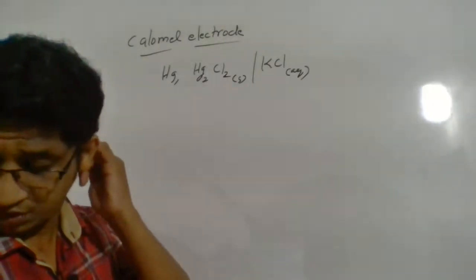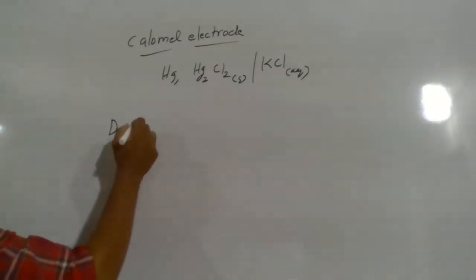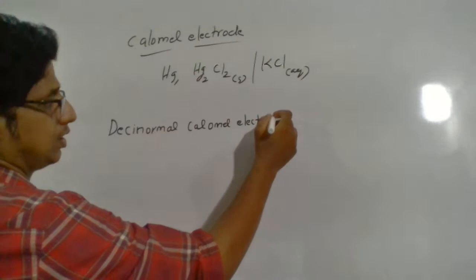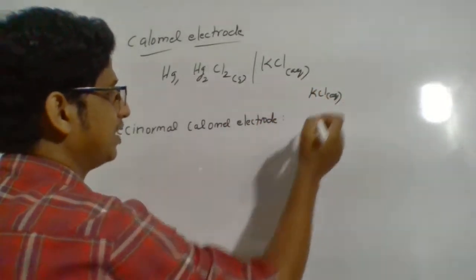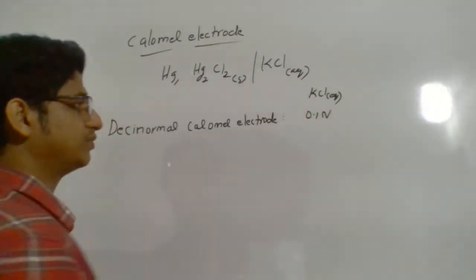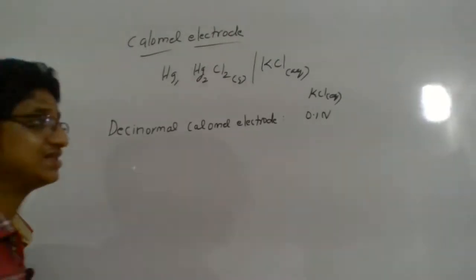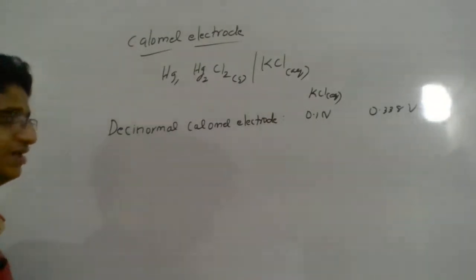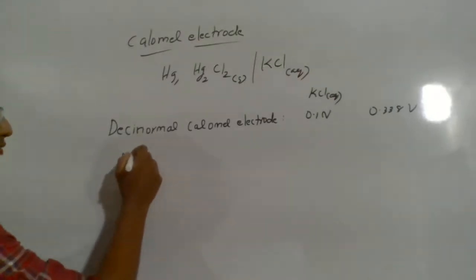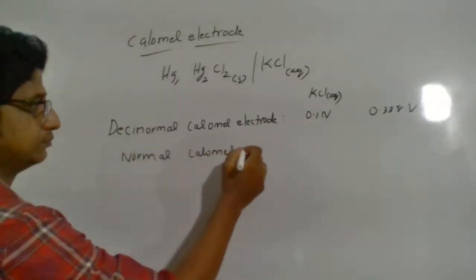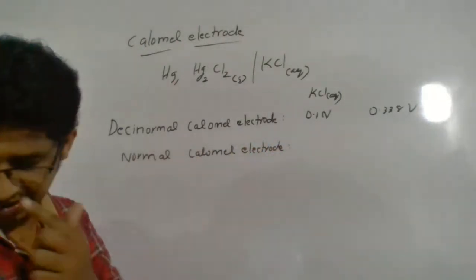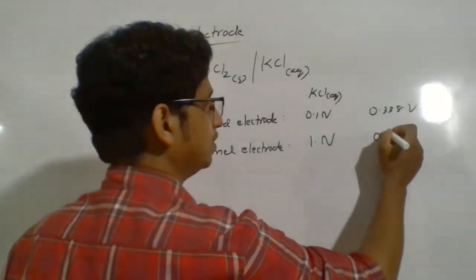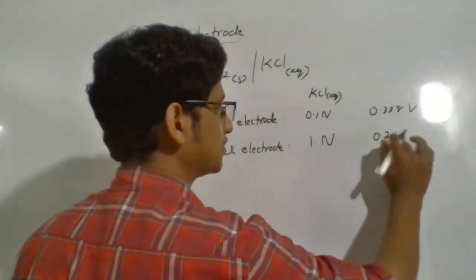For example, the decinormal calomel electrode, where the concentration of KCl is 0.1 normal, produces an electrode potential of 0.338 volt. Similarly, the normal calomel electrode has an electrode potential of 0.2800 volt when the concentration of KCl solution is 1 normal.